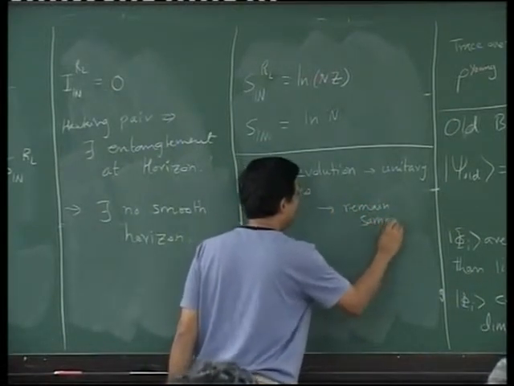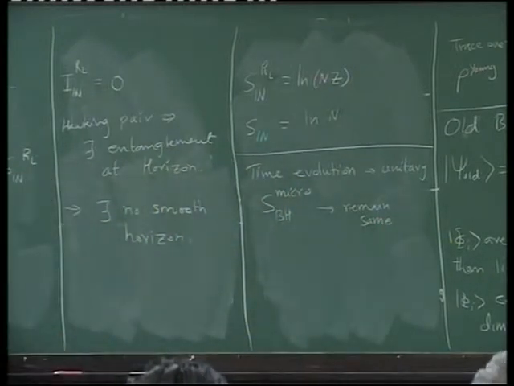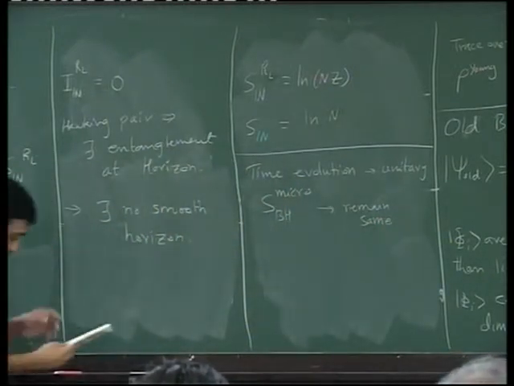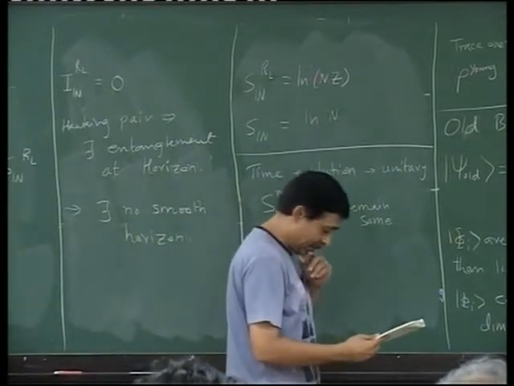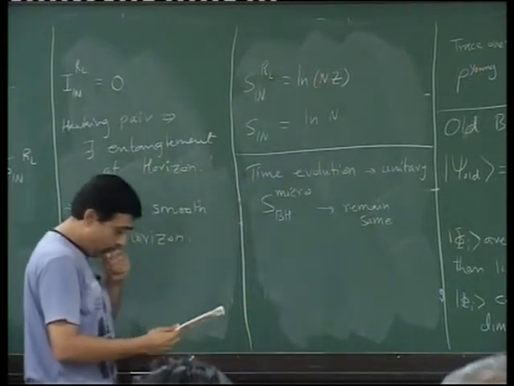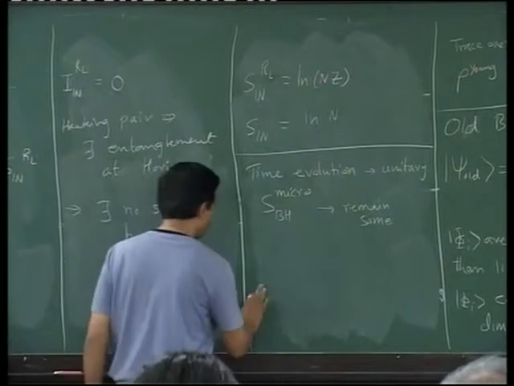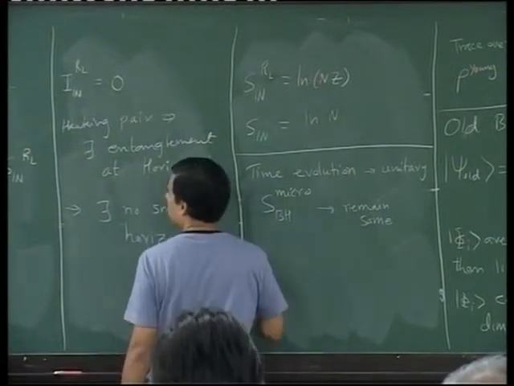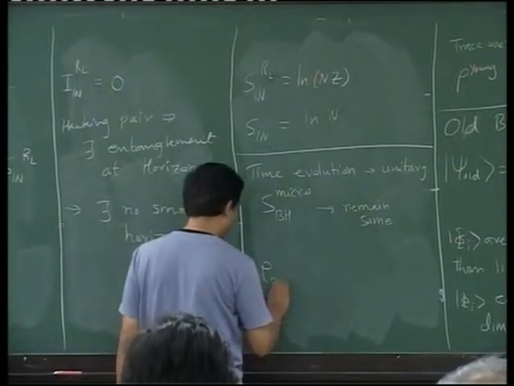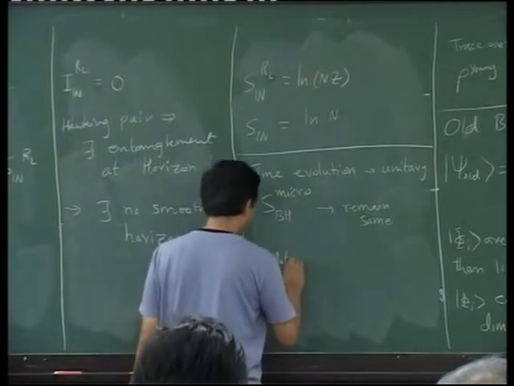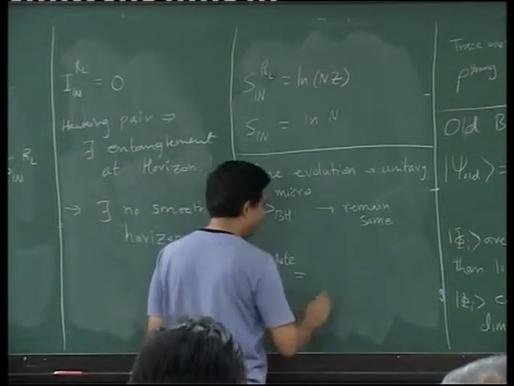This number shouldn't change. So the only way one could do this is to say that the late. So if you look at the black hole late density matrix, it doesn't have.